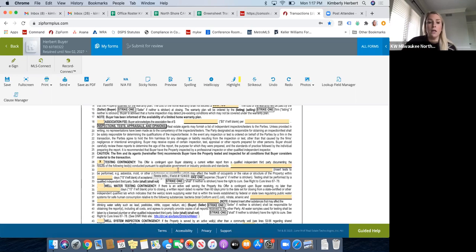So you do need to list specific tests, and it does give examples: asbestos, mold, or other substances or conditions which may affect the health of occupants or the value or structure of the property. So what I've seen is listing out the specific tests: mold, asbestos, water, and you could even include in here any other substance or conditions which may affect the health of occupants or the value.